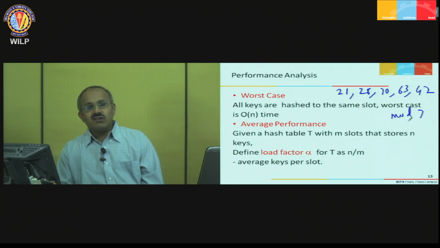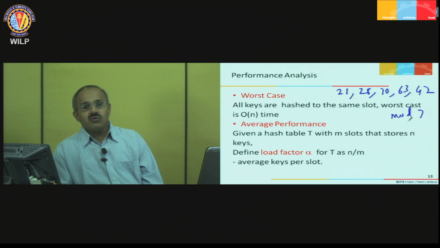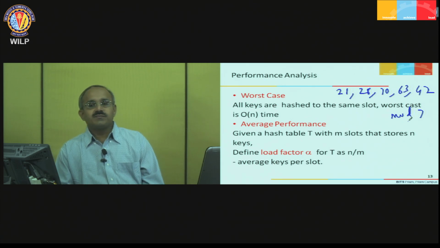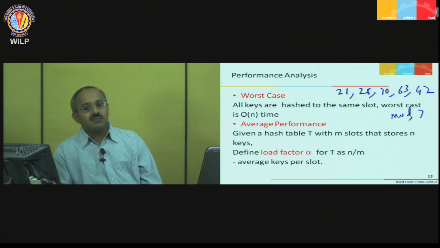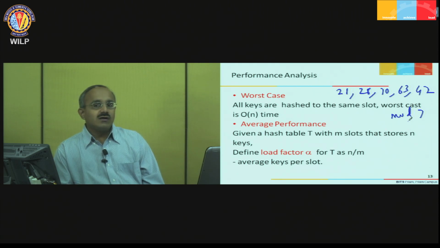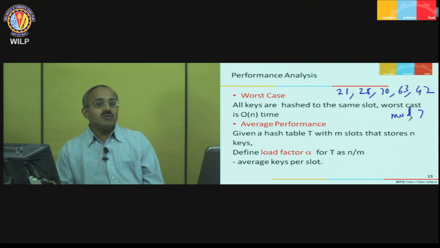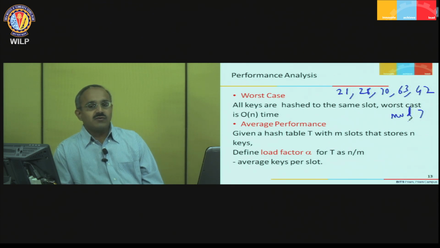But we know a worst case scenario does not happen every time. It is going to be rare that we get all the keys which are multiples of the same number, and the same number is chosen as a for the hash function.